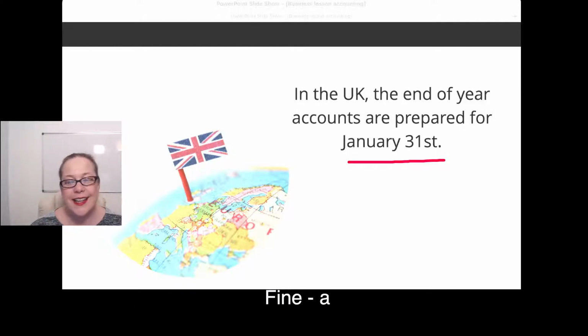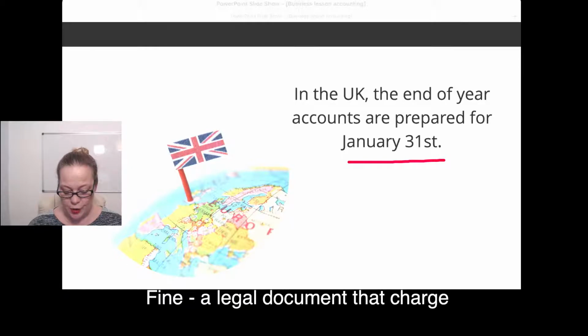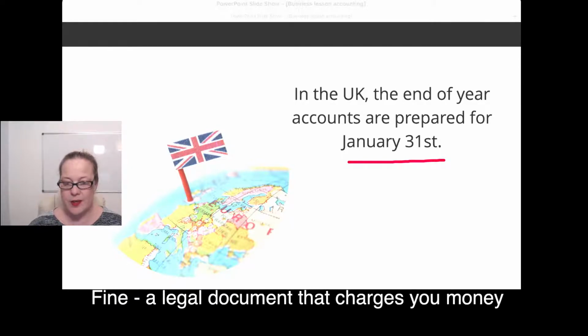And a fine is a legal document that charges you money. And I think it's about £150. This has never happened to Engli-teach yet. Never say never, as we say in English.